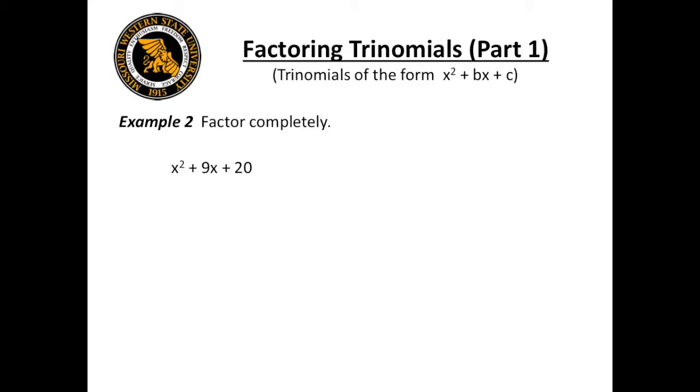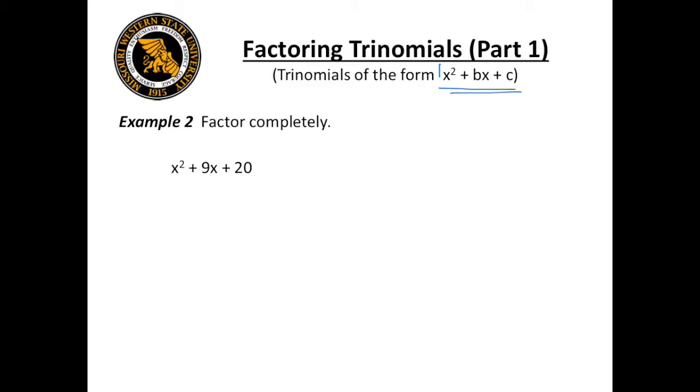Now let's try to factor the trinomial x squared plus 9x plus 20. Notice that this trinomial is written in descending order and is of the form 1x squared plus bx plus c.